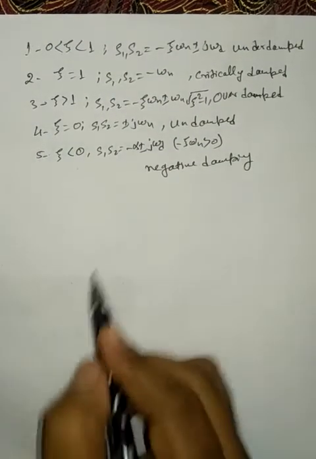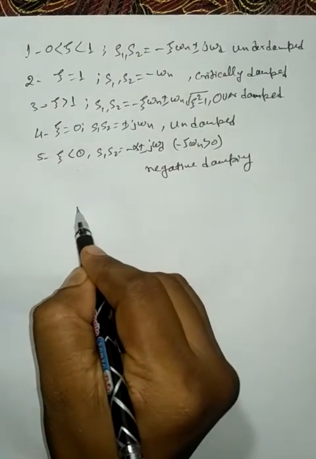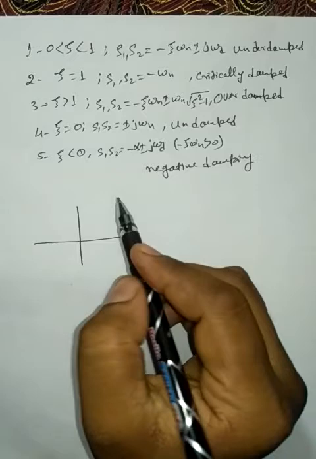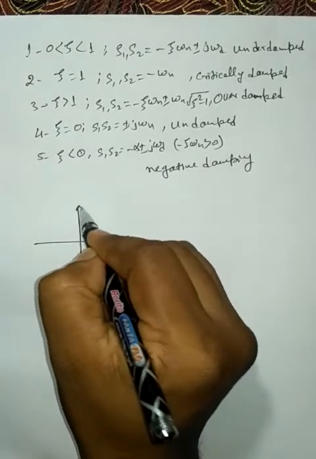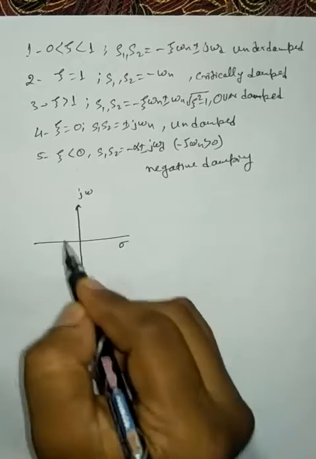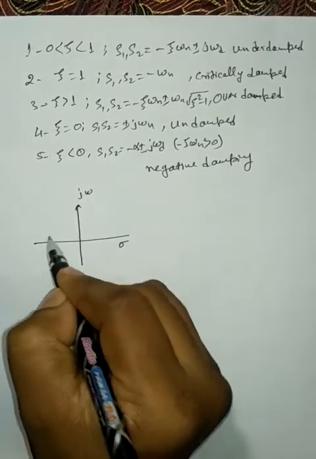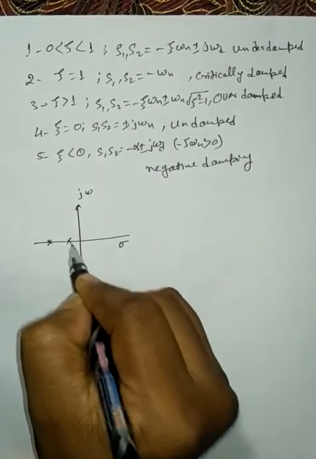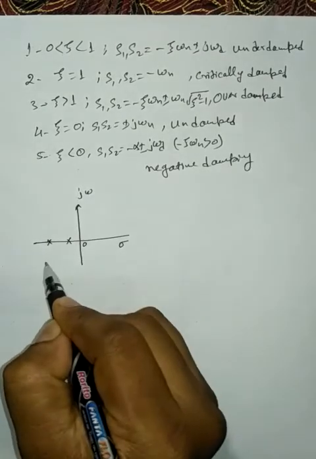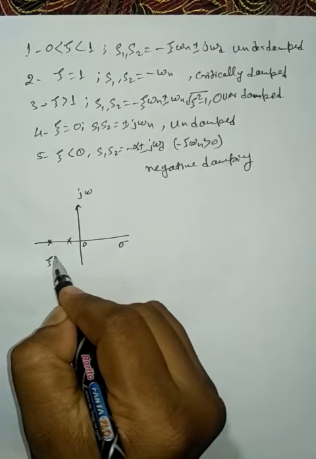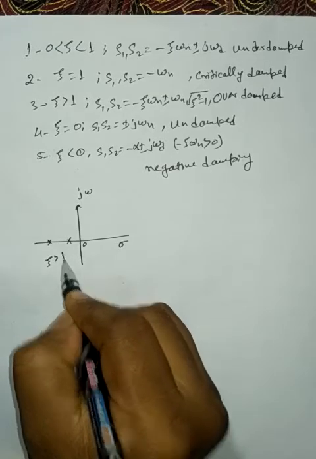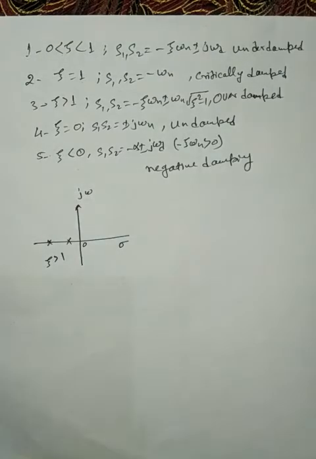Right? Graphically we can say it as, let this is j omega and this is sigma, and if I have two poles here only, left half plane, then zeta is greater than 1.